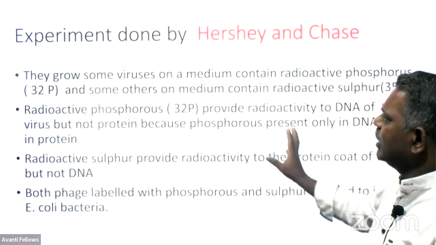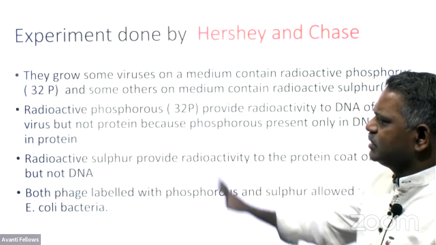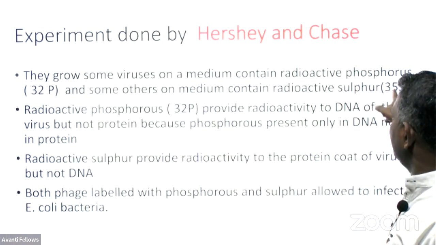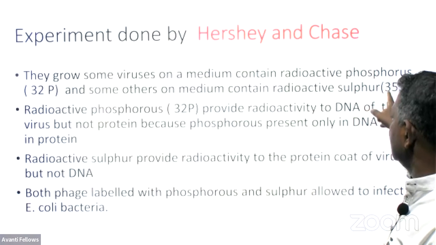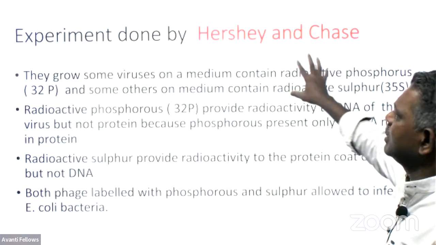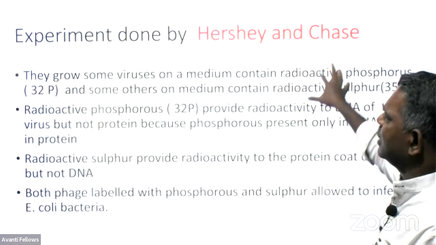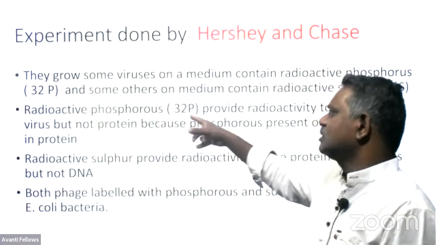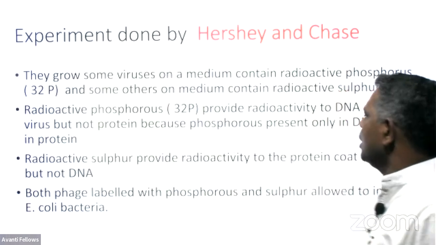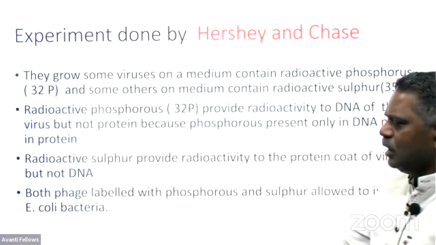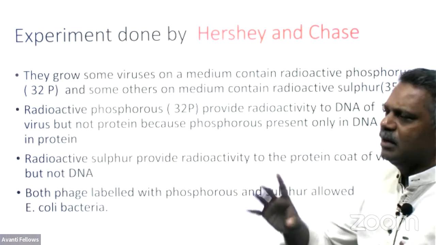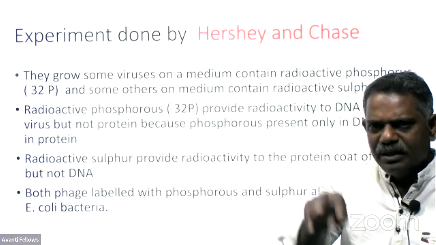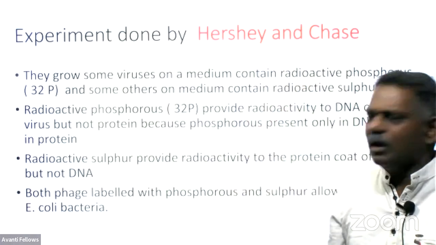In one medium they cultivated some viruses in P32, and in the other medium containing S35, they cultivated other bacteriophages. The radioactive phosphorus P32 gives radioactivity only to the DNA present in the bacteriophage. You know, a bacteriophage consists of only two things: DNA inside and a protein coat outside.